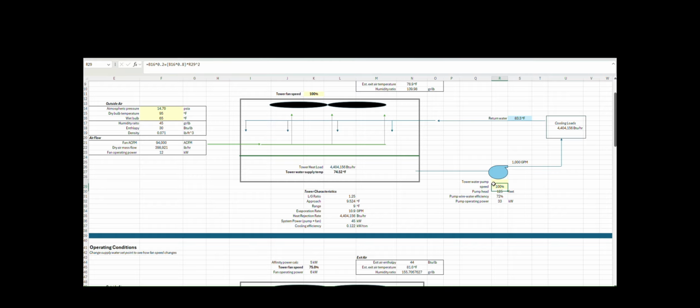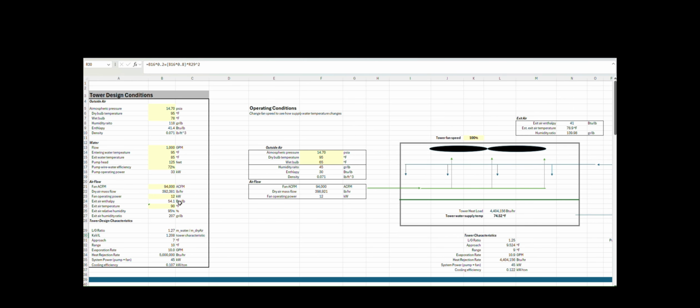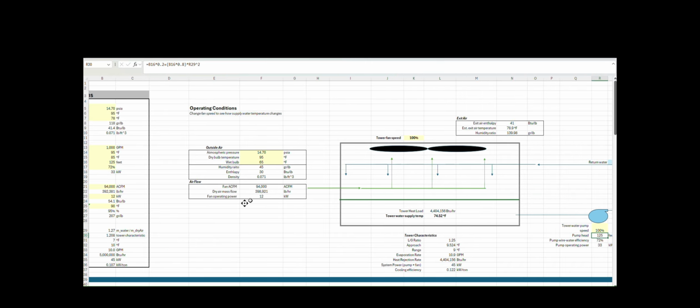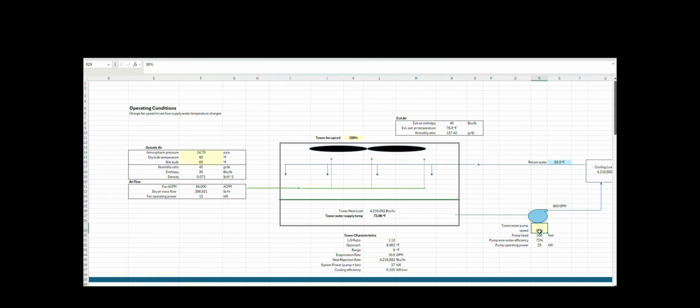It's doing the same thing for the pump power calculation. We have a rated pump head over here. In this case, it's 125 feet. And as you change the speed of the pump, if you're doing a straight up affinity law calculation, the head varies with the square of the flow. So you do your percent squared times the original head to give you your new head.